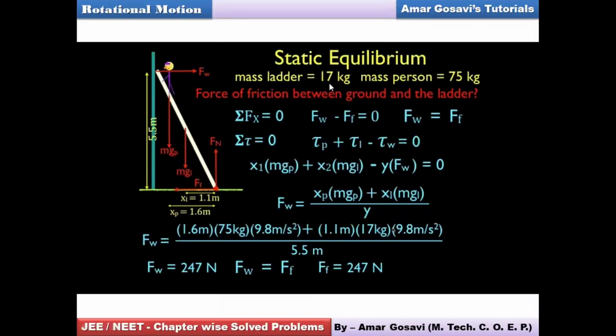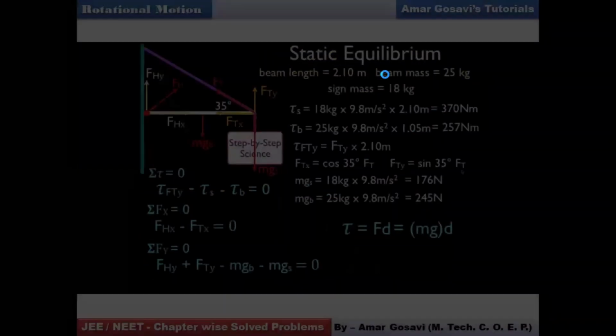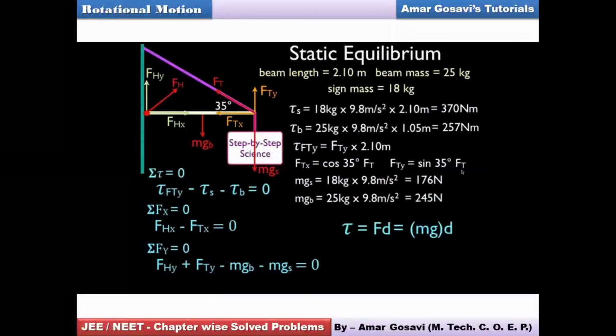Now let's proceed forward towards the next variety on this same concept. Here you can see there is a truss. You can consider this as a ladder-type thing being held by a tension in the string. There is an inclined force, which is resolved into two components: FH resolved along the x-axis, FHX, and along the y-axis, FHY.